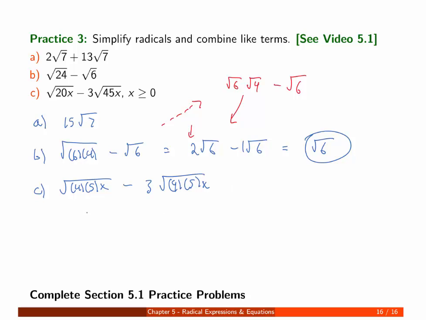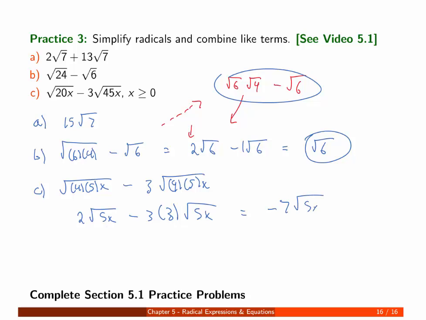So here, and again I'm going to omit this little step, square root of 4 is 2, so you're going to have 2 root 5x minus 3 times 3, because square root 9 is 3, times root 5x. So it's really 2 minus 9, which is negative 7 square root 5x.